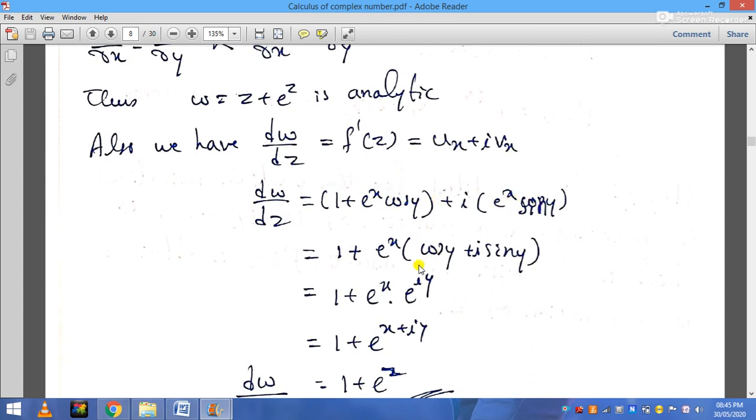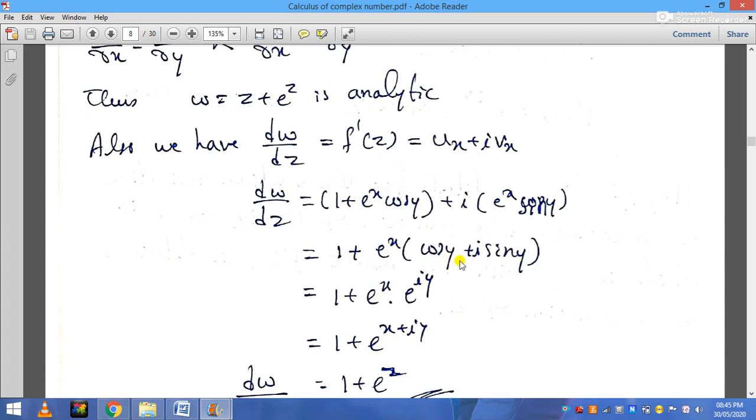Next, after substituting, simplify and rearrange such that the function is in terms of z. So here we have 1 plus e raised to x cos y plus i into e raised to x sin y. From these two terms we take e raised to x common, and the remaining is cos y plus i sin y.